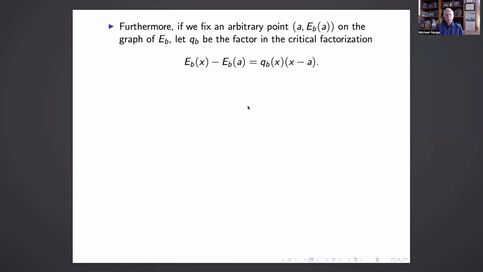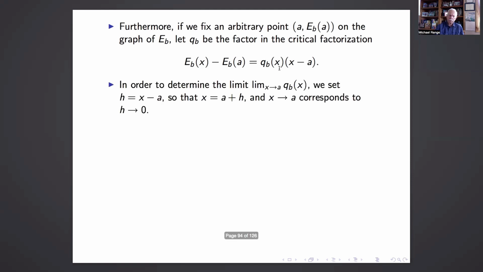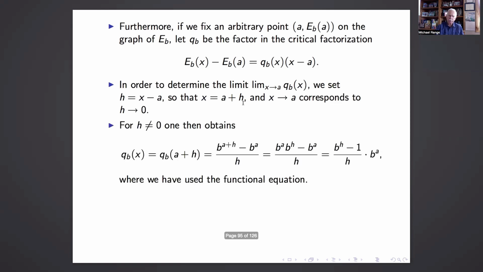And furthermore, if we fix an arbitrary point a, e sub b at a on the graph of e sub b, let q sub b be the factor in the critical factorization. In order to determine the limit of q sub b as x approaches a, we set h equals x minus a so that x is equal to a plus h, and x going to a corresponds to h going to 0.